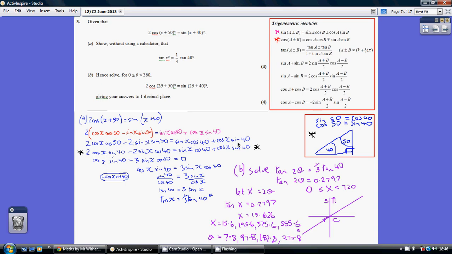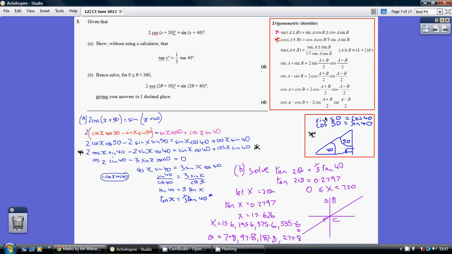Now the key bit, I think. If you look ahead to what we're aiming for, we're just dealing with the angle 40. So we're okay where we've got our 40s, but we really want to take these 50s out. If you think about a right angled triangle with angle 40 and 50, our sin of 50, opposite over hypotenuse, is the same ratio as our cos of 40, adjacent over hypotenuse, and similarly cos 50 is the same as sin 40.